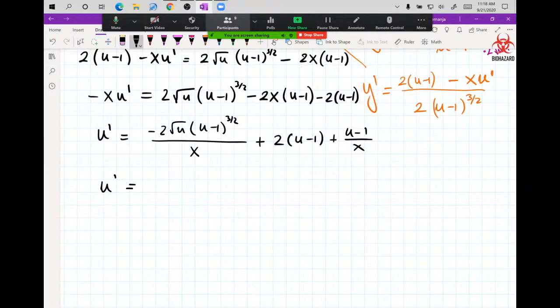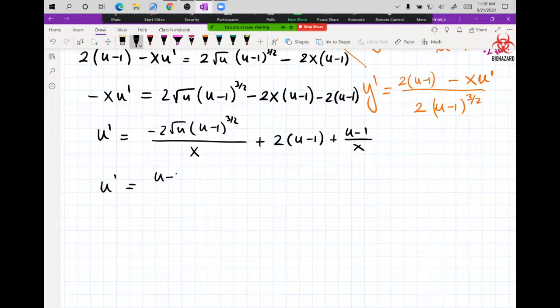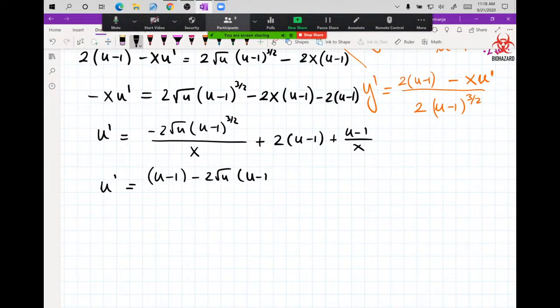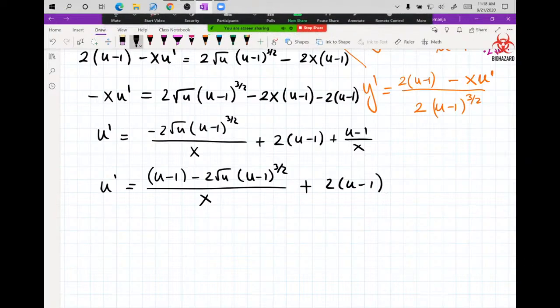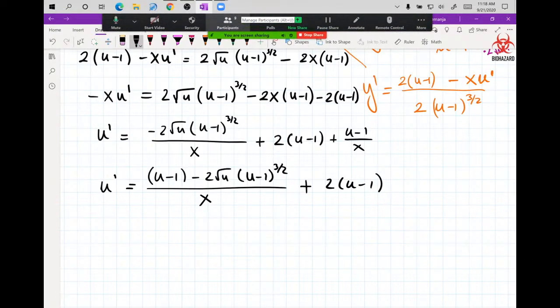So u prime is equal to u minus 1 minus 2 root u minus 1 to the 3/2 over x plus 2u minus 1. This doesn't look separable to me. Right, this is your du dx. So unless I made some mistake somewhere, this doesn't look separable.